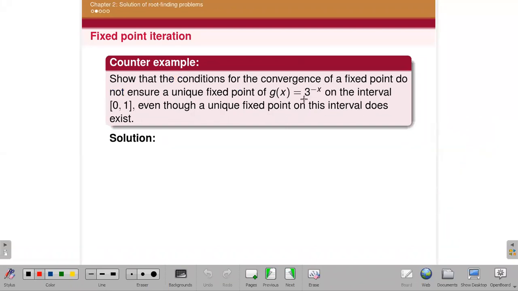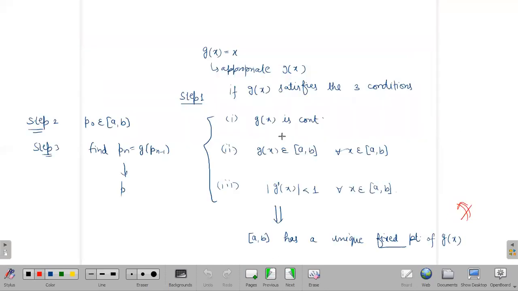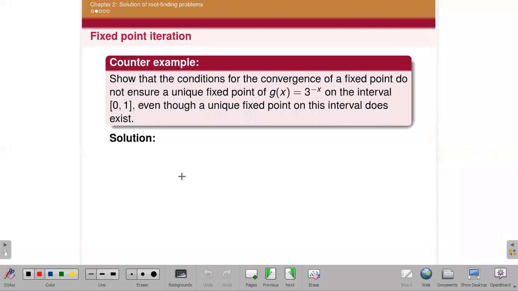If any one of these three conditions is not satisfied by g of x, then the converse will not be true. So let us check it. Take g of x equal to 3 raised to power minus x on [0, 1].